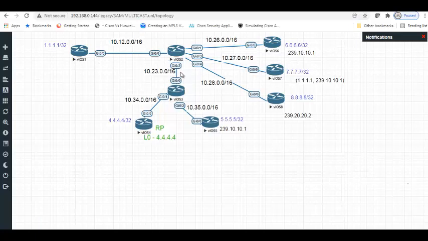Once the real source is learned, the interface towards the real source will be the incoming interface. Till then, it will be the RP's address. The RP's direction will be the source. Hope I answered your question.